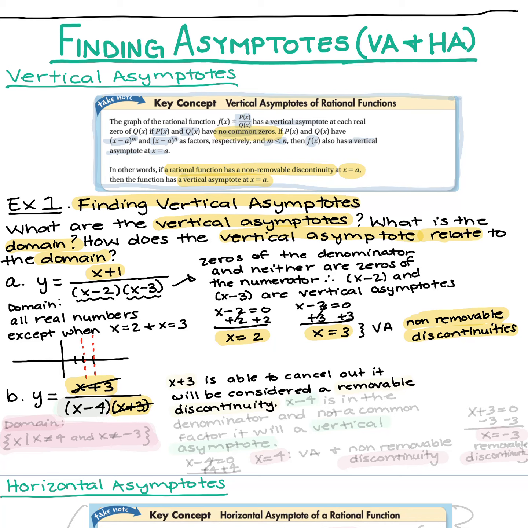Now, why is it a removable discontinuity? Because you literally moved it out of the equation. You took it out, right? So that means that x + 3 is a removable discontinuity because you took it out.